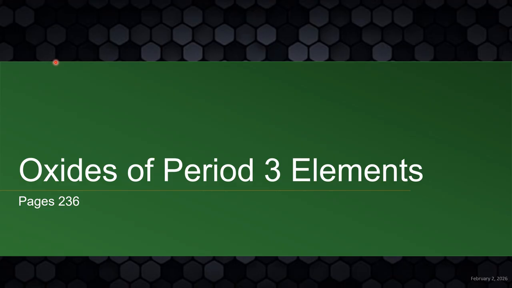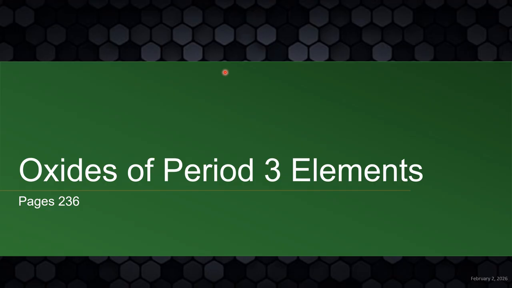Today we are going to look at chapter 10, section 4, which is going to focus on the oxides of the period 3 elements. Now, we already looked at how the oxides of period 3 elements are created in section 10.3, but we're going to now look at the specific properties of those oxides. What are they?